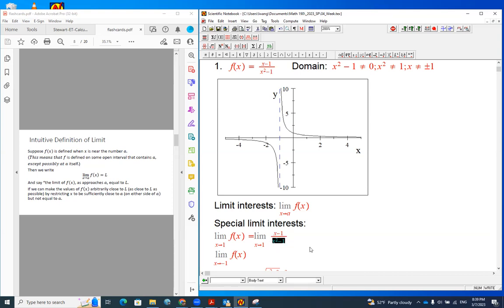Factor x squared minus 1, we get x minus 1 multiplied by x plus 1. When x is approaching 1, but x is not equal to 1, so x minus 1 is not 0, so we can reduce it. When we reduce it, we will have 1 over x plus 1 left.